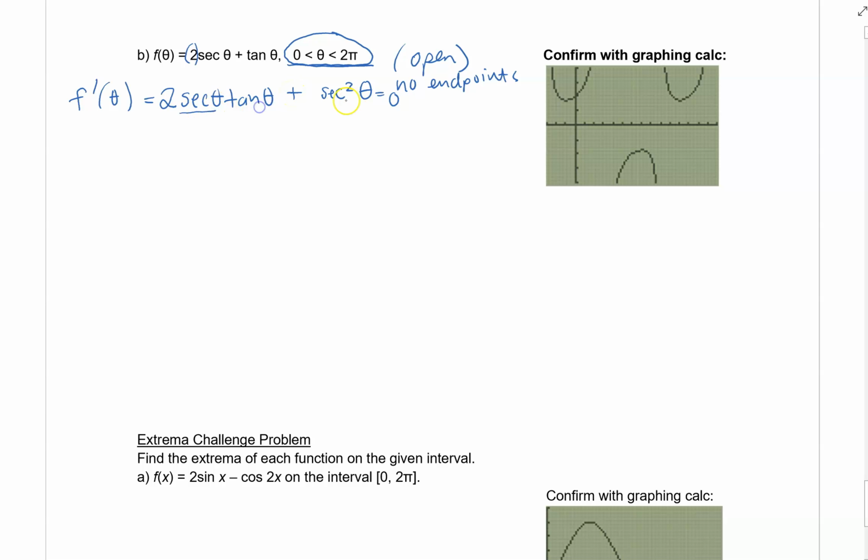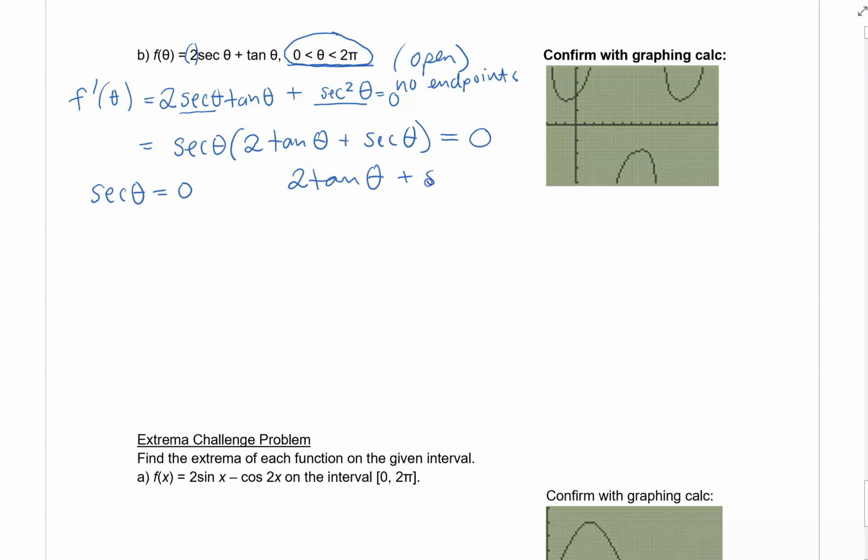I notice there's a common factor of secant between the two. So I will take that out, and I'm left with 2 tan theta plus secant theta as my other factor, and then that's equal to 0. So I'll set each of these factors equal to 0. So secant theta equals 0, and then 2 tan theta plus secant theta equals 0.